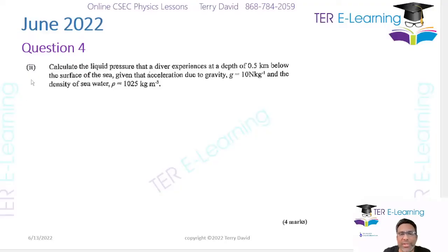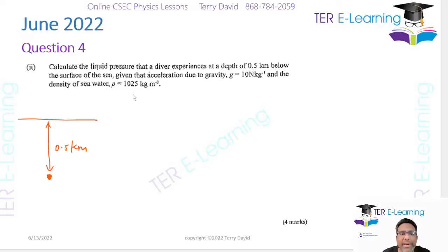Calculate the liquid pressure, right? So this is similar to a question that I did, right? Basically, you have water. You have a diver that is under the water, right? And he's at a depth of 0.5 kilometers, right? And what else they told us here? All right, so they gave us the density of water, blah, blah, blah.